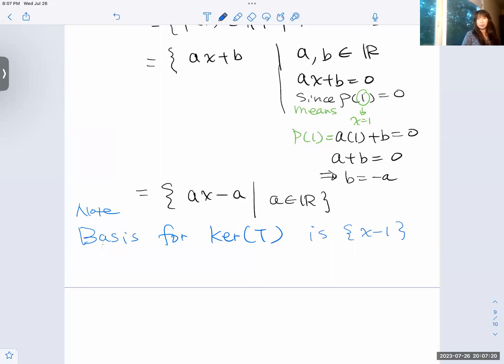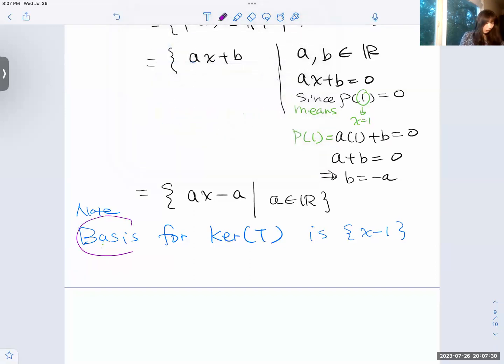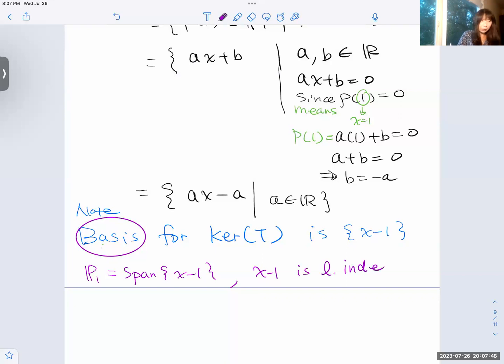The polynomials in the kernel are the span of X minus 1, and X minus 1 is linearly independent.